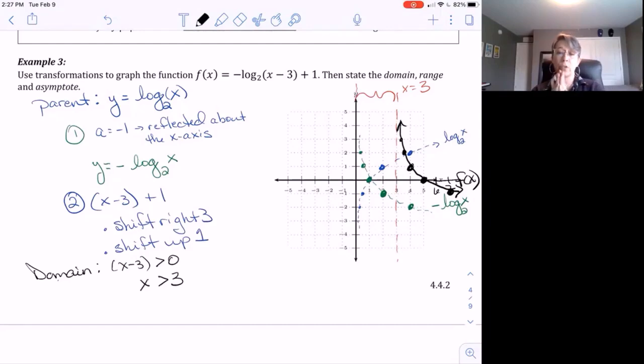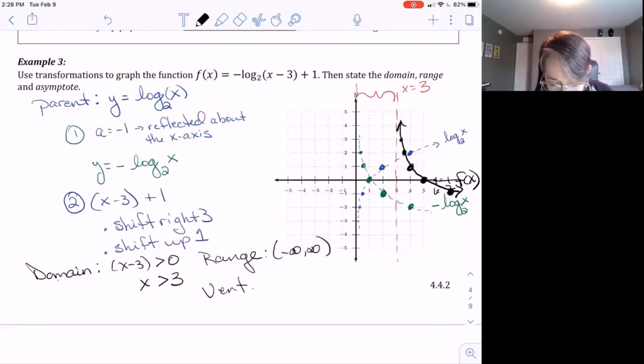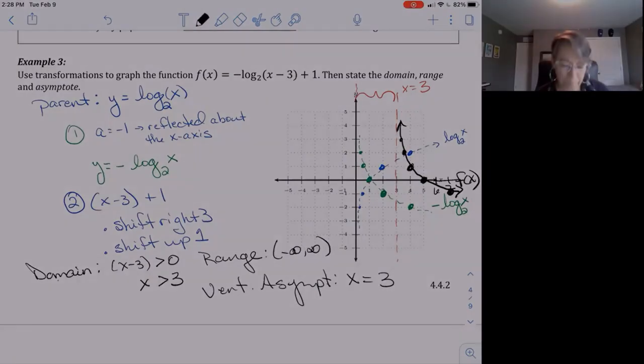Our entire graph is to the right of that vertical asymptote of x equals 3. Our range does not change because it's going to continue to increase towards the left and decrease towards the right. So it goes from negative infinity to infinity, and we have a vertical asymptote at x equals 3.